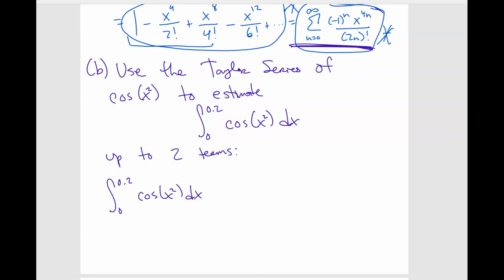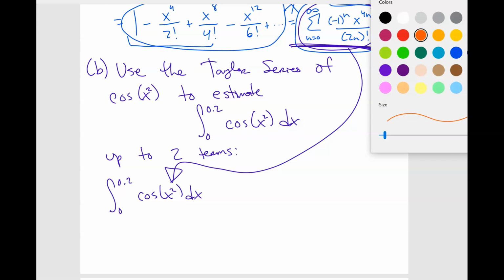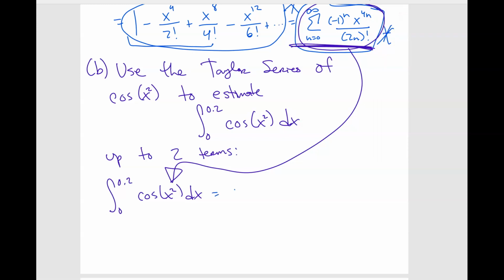Well, we know that this guy is equal to the cosine of x squared. So what we're going to do is plug that guy in there. So I'm going to have, let me use a different color, the integral from 0 to 0.2 of the sum from n goes from 0 to infinity of negative 1 to the n, x to the 4n, over 2n factorial dx.